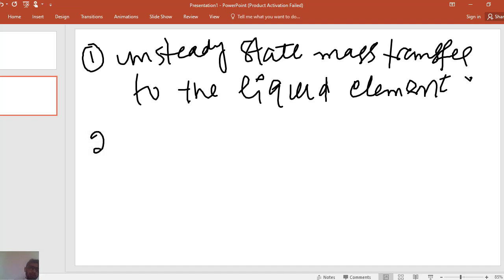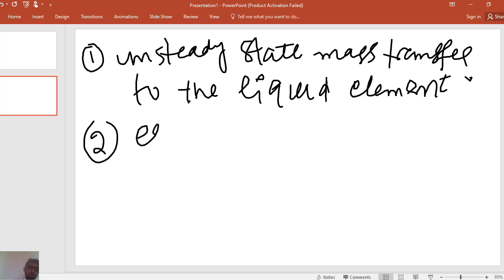Similarly, the second assumption is that equilibrium will be achieved between gas and liquid, or liquid and liquid, or some other two phases. So in this case, equilibrium will be achieved as the liquid element comes to the bubble surface.